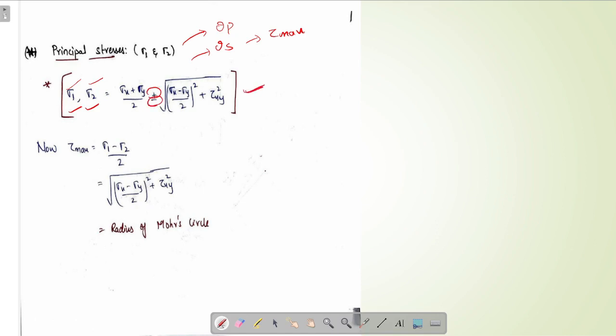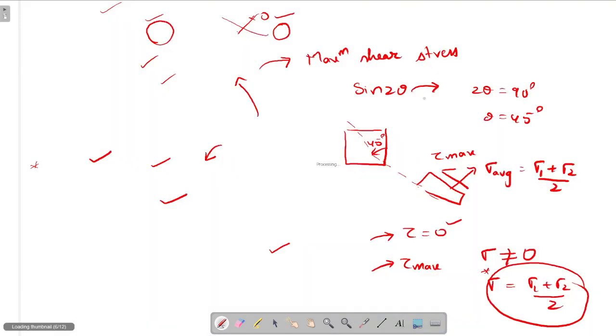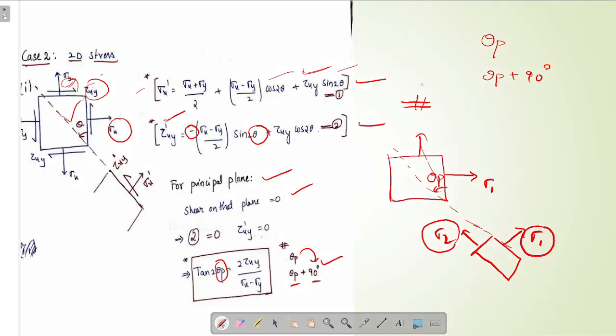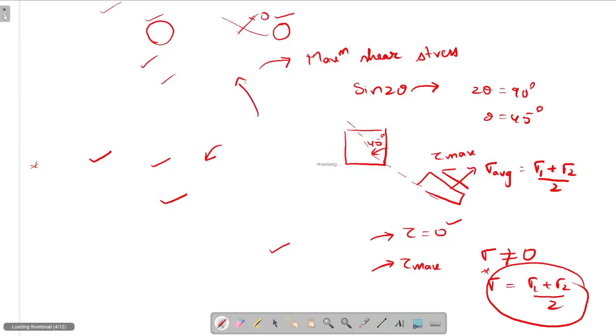This formula is obtained by substituting tan 2 theta p equals 2 tau xy by sigma x minus sigma y in the transformation of stress formula. First we have seen the transformation of stress formula, this one. By substituting in this formula the values of sin theta and cos theta, we will get sigma 1 and sigma 2.